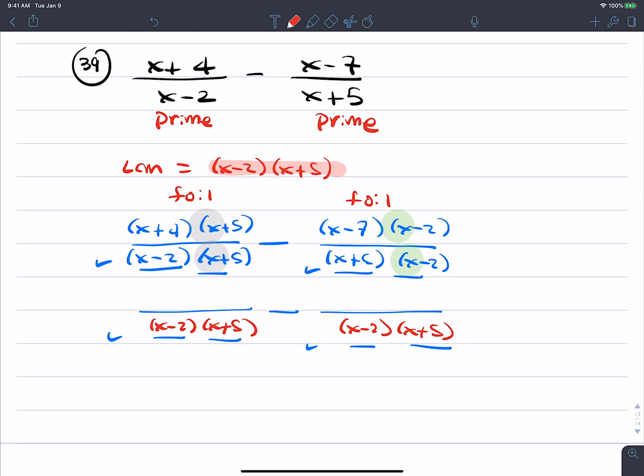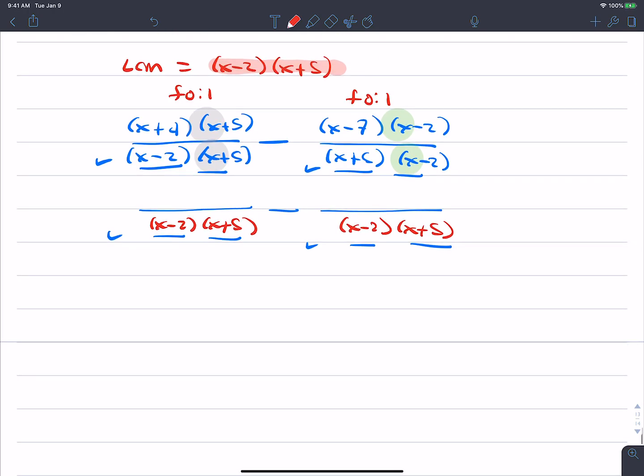Okay. So by the algebra now, let's be careful here. For x plus 4 times x plus 5 here, we get x squared plus 4x plus 5x. 4 times 5 is 20.